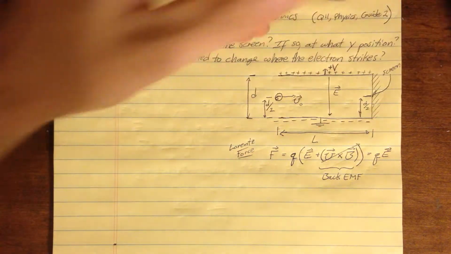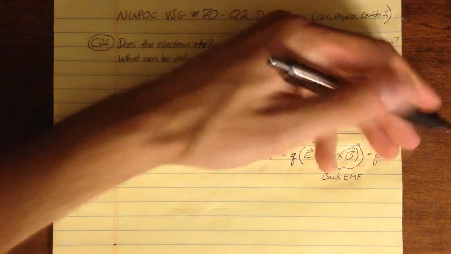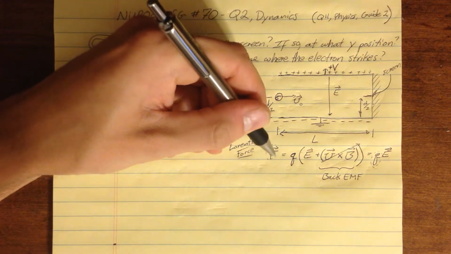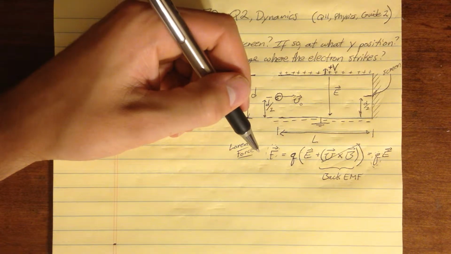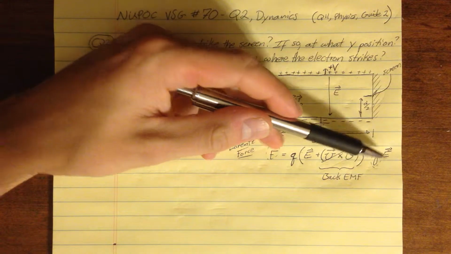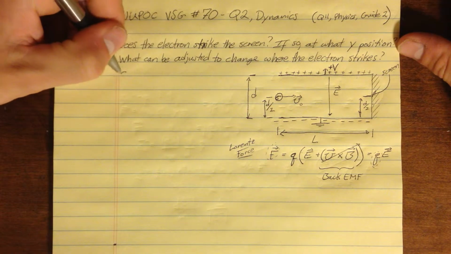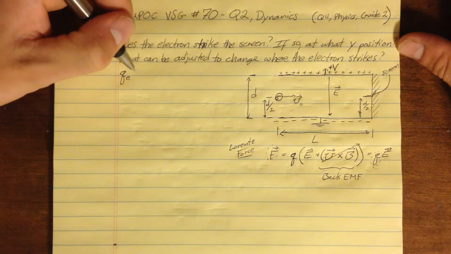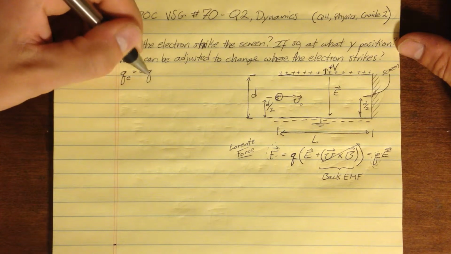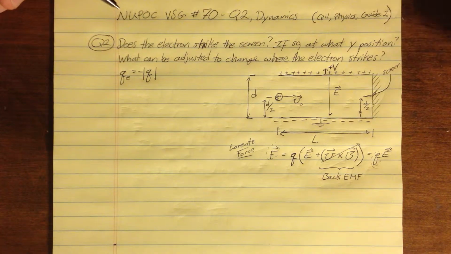And we know that the charge on an electron is actually negative, so Q in this case would be a negative number. So the vector of the force is actually acting in the opposite direction of the electric field, since Q is negative for an electron. So we could say Q of an electron equals negative the magnitude of Q, where Q is the elemental charge.